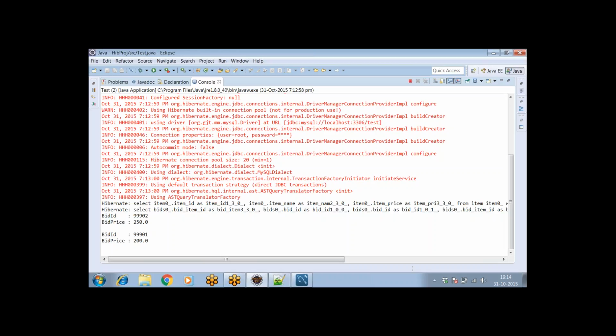Why is Hibernate following the lazy loading strategy here?